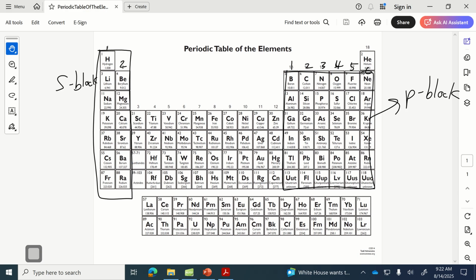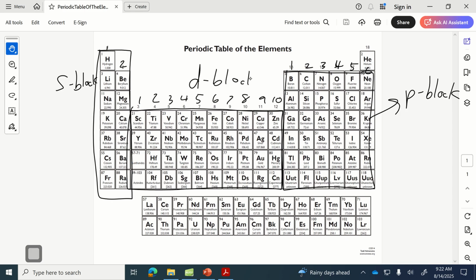The whole middle section here, if you count it out, is 1, 2, 3, 4, 5, 6, 7, 8, 9, 10. That's what the D block is. D block can hold 10 electrons. And then the inner transition metals at the bottom have 14 elements. If you go across, there are 14 columns, and that is called the F block.